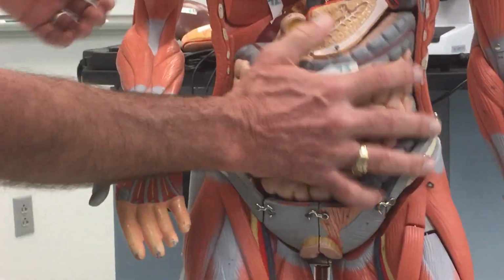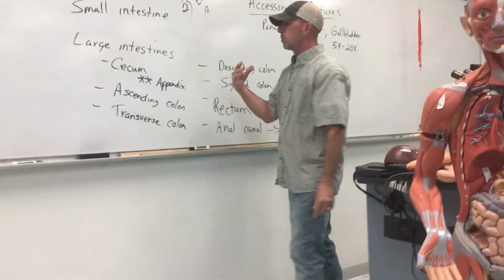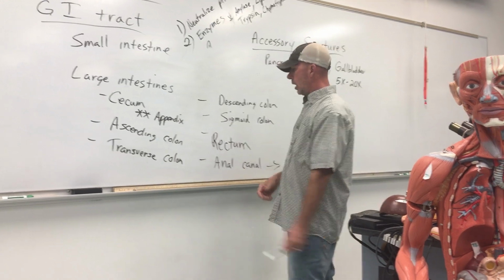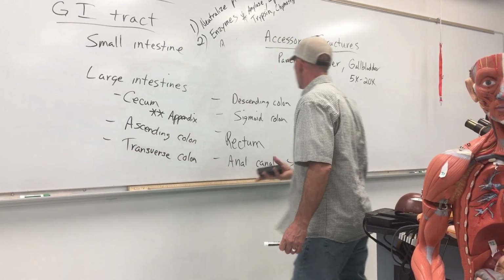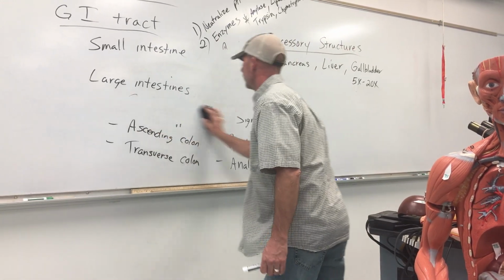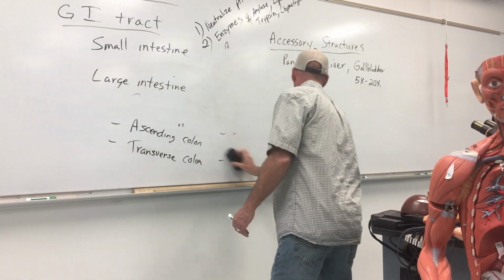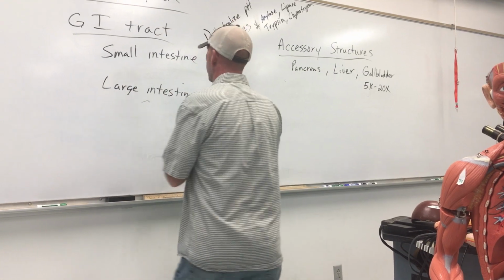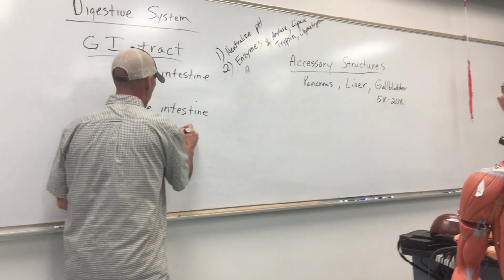But the main thing I really want you to know is these are the regions, but I also want you to know the overall function of the large intestine. Don't need an S on it. Now, the overall major function is to do a couple things.